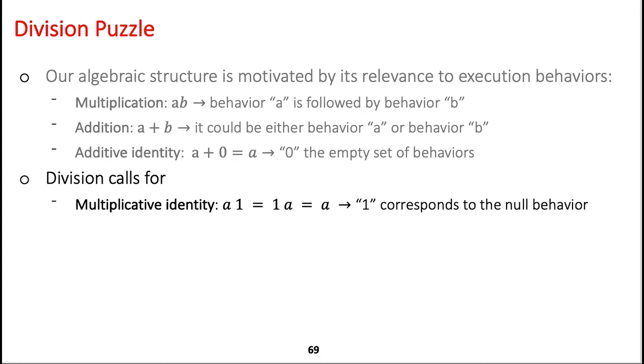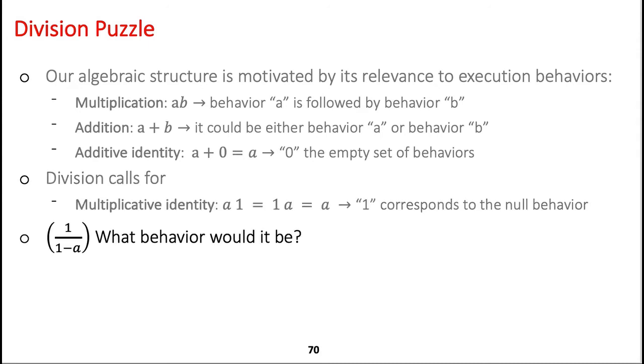Multiplication by 1 is no change. 1 corresponds to the null behavior. But the question is, when we have 1 divided by 1 minus A, where A is some algebraic expression involving the successor elements, what behavior would it be? That's the division puzzle.